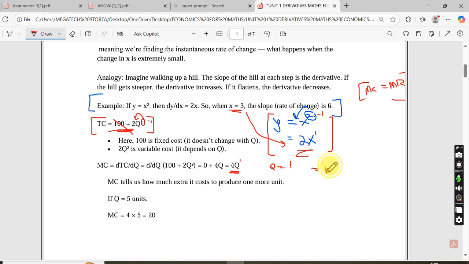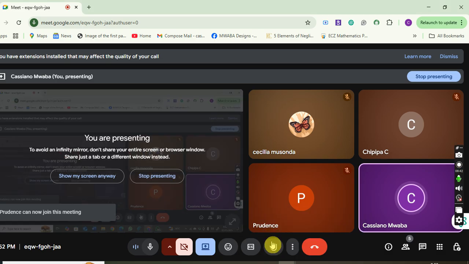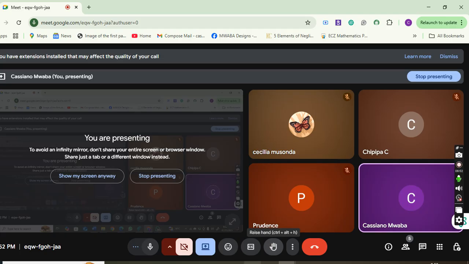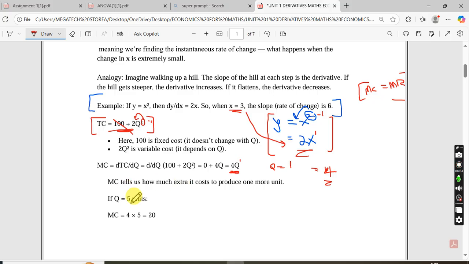It can be 4 kwacha, $4, 4 pounds. So when you say your marginal cost is 4, it means when you produce an extra unit, you incur a cost of 4 kwacha. You produce another 1 unit, you incur a cost of 4 kwacha. If you produce 5 units, you incur a cost of 20 kwacha.